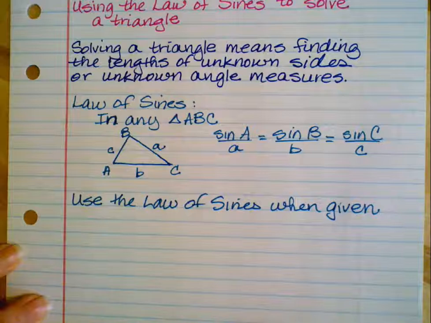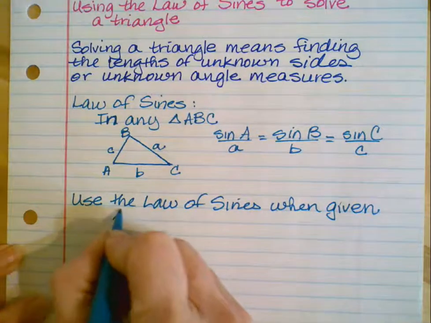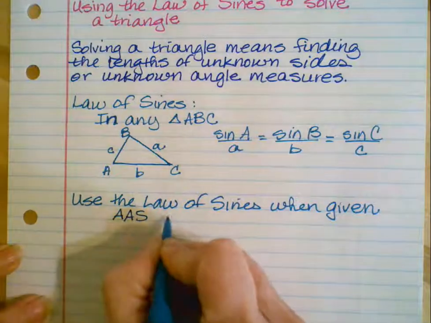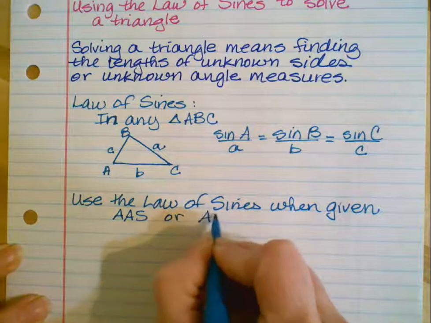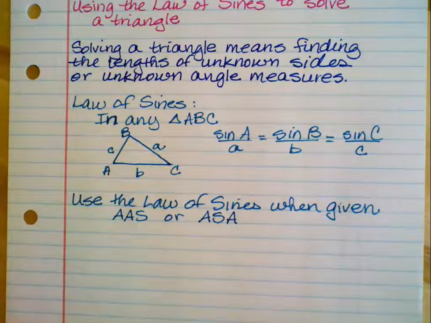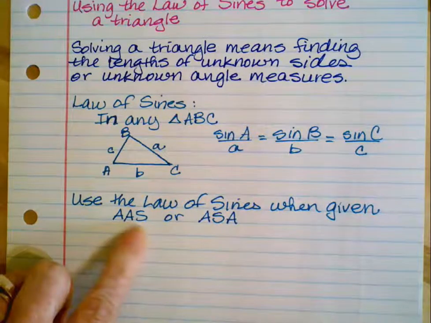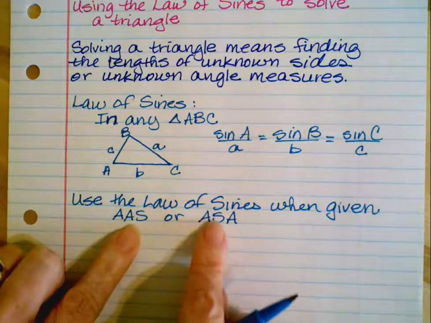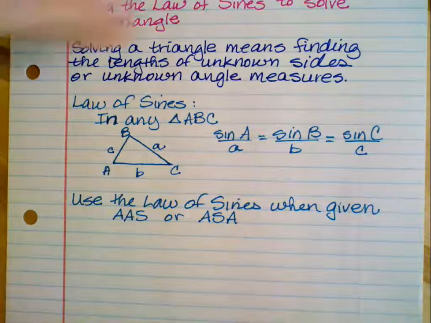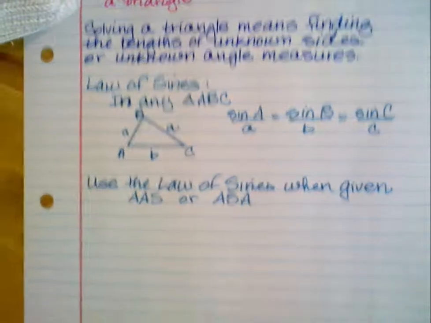The law of sines gets used when you're given an angle-angle-side relationship or when you're given an angle-side-angle relationship. Now, what that means is what we're going to be given consists of two angles and one side. We're going to, from that, determine the measure of the other angle and the measures of those other two unknown sides. In this video, we're going to look at an example of each of these, and you'll get to see how similar the processes are for solving triangles in that setup.